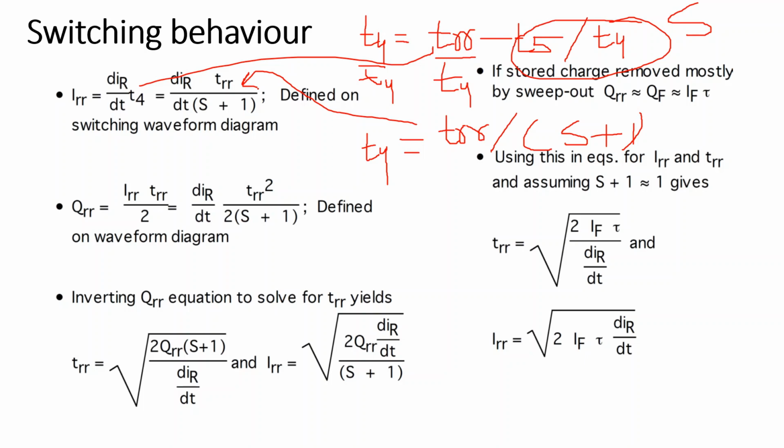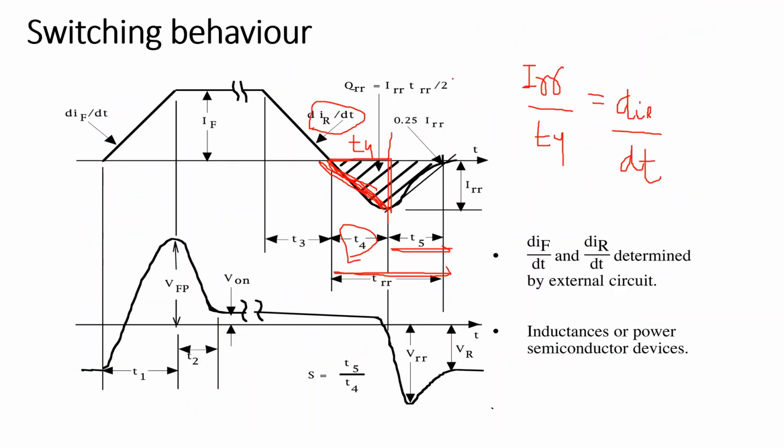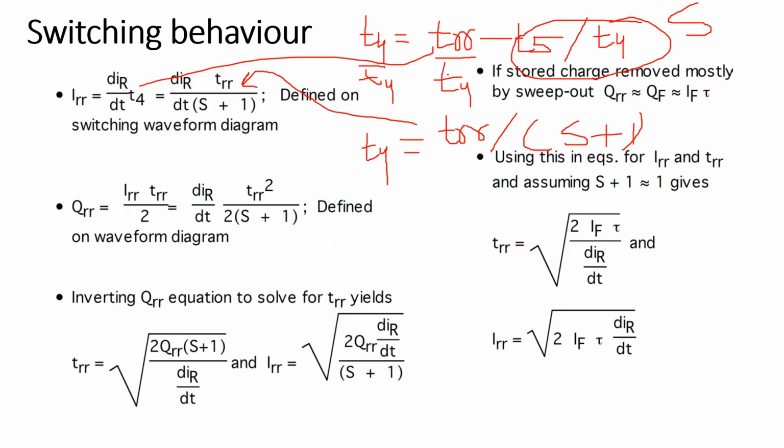Now QRR we have already calculated, the charge swept by the negative current. This is IRR TRR by 2. Just put the value of IRR in here and we get this expression.